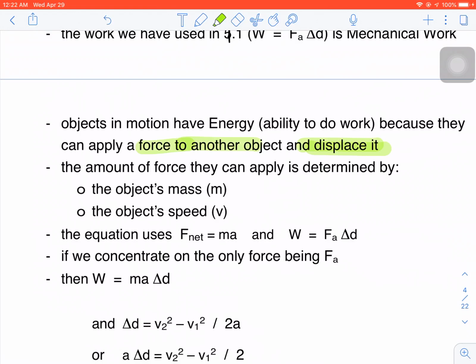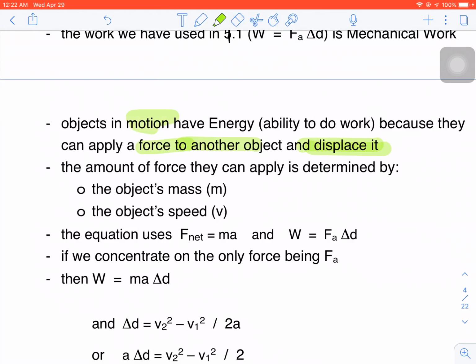Again, think about something rolling down across a parking lot and running into a person's car, right? Or anytime something comes in contact, one car coming in contact with another during a collision. If you've got a parked car there and another car comes along, because it's in motion, it has energy. It has the ability to do work to the parked car.